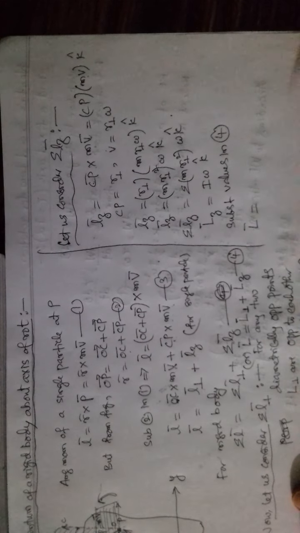See here, L is equal to, L perpendicular becomes 0 here. The summation of small elements of L perpendicular becomes 0.